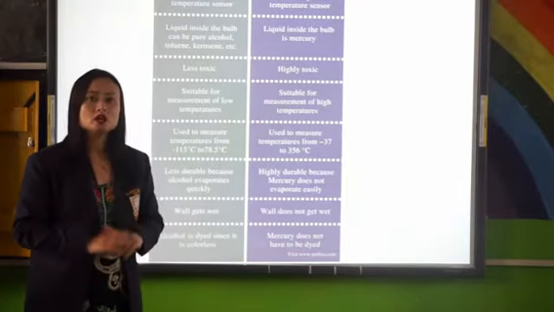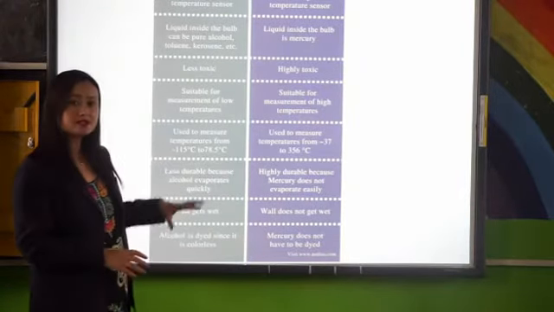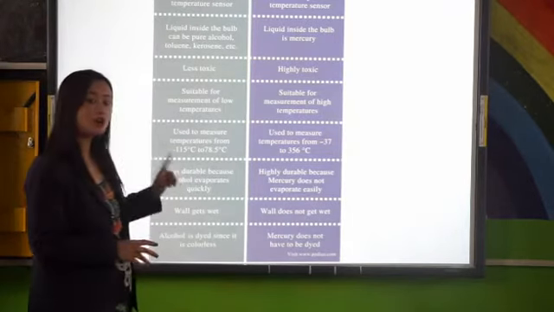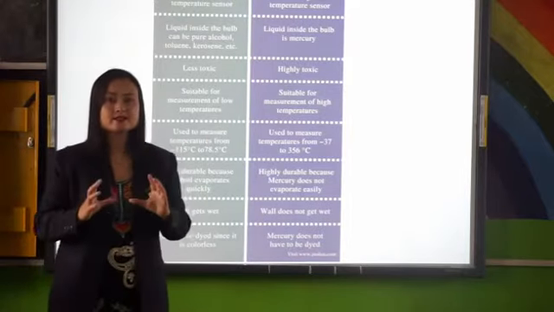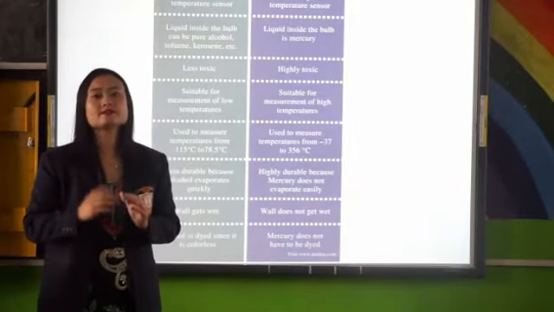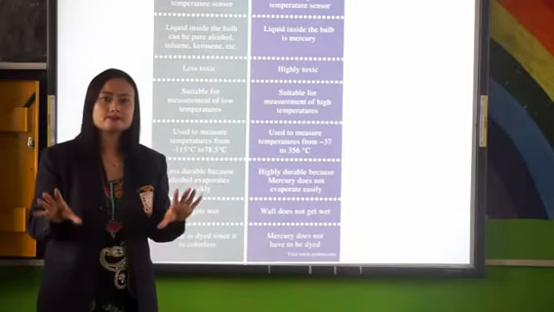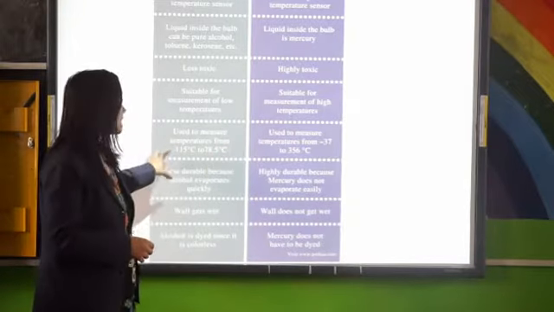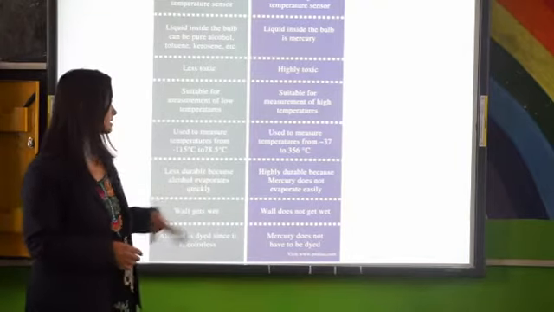That's why mercury is used for places with very high temperature, whereas alcohol is only used in places where the temperature is very low. Now see the measurement. What is the temperature that alcohol can measure? It goes down to -115°C. That means if the temperature decreases to -78, -80, -90, which is very cold, there we can use an alcohol thermometer.